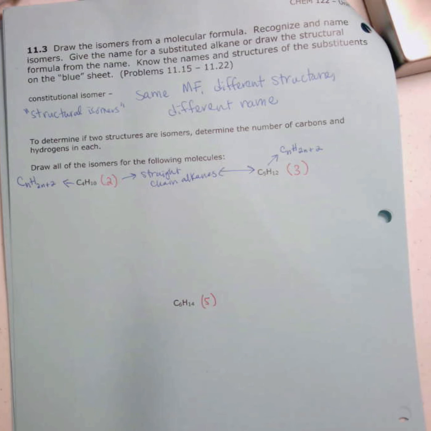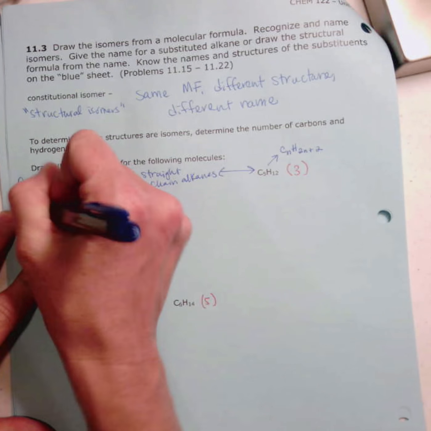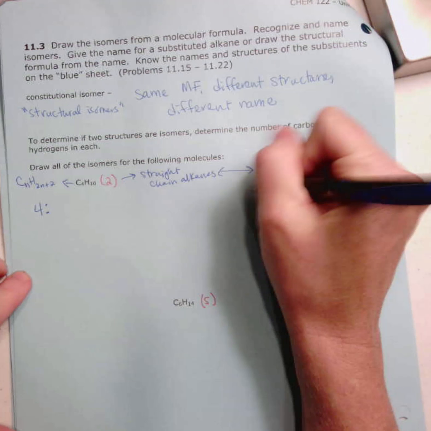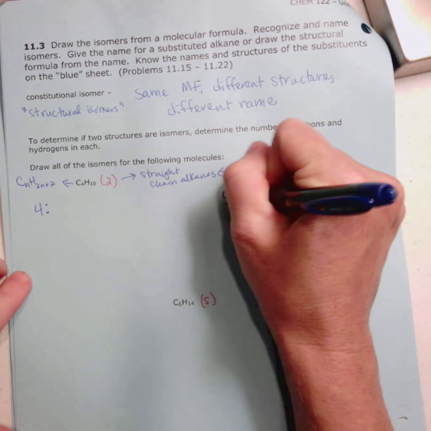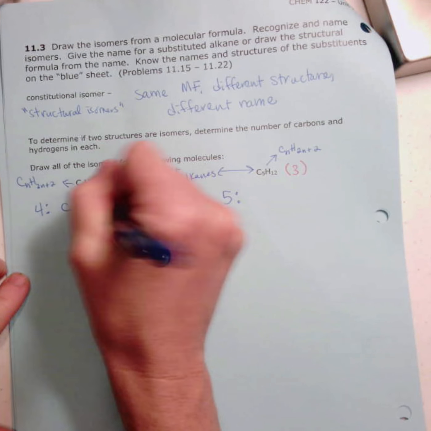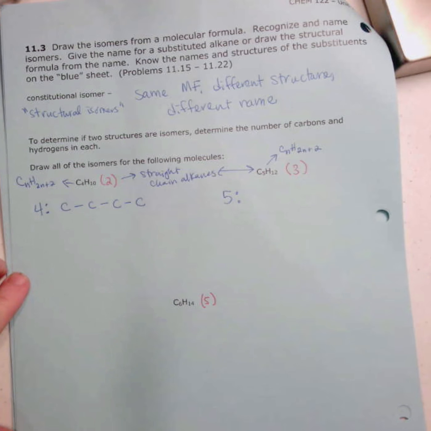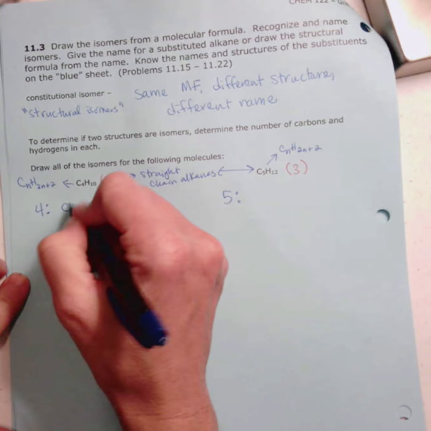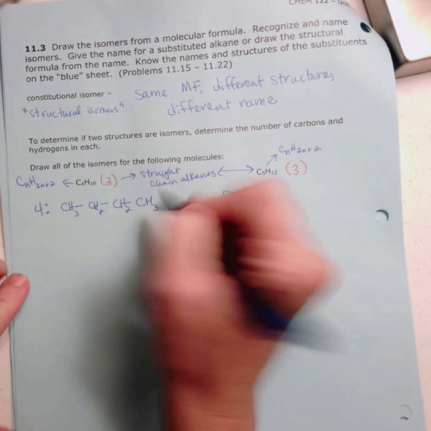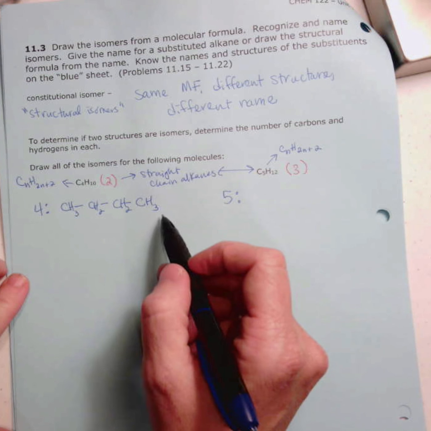My advice is to start with the longest chain first. So for instance, this one would be a chain of 4. And for C5H12, it's going to be a chain of 5. Okay, so the chain of 4 would be C, and then you fill in your hydrogen, CH3, CH2, CH2, CH3. 2 times 4 plus 3 plus 3 gives you 10.